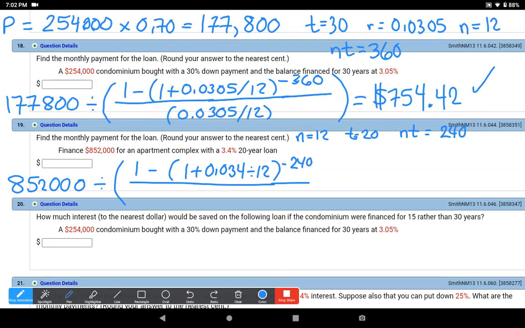And then we're going to divide by 0.034, which is divided by 12. Stick this in the calculator and we get 852,000. This one was straightforward, which is weird because they like to throw curveballs at us, right?